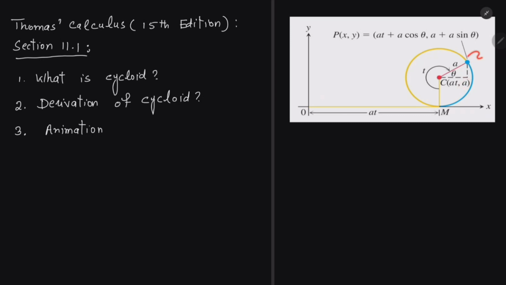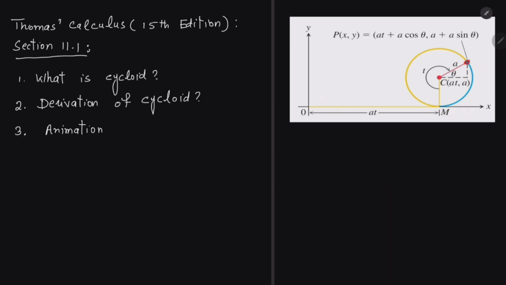Now, what will be the component of P when it has traveled some distance? If we just consider some point over here, and this is x, then this is y. So we want to find the coordinates.